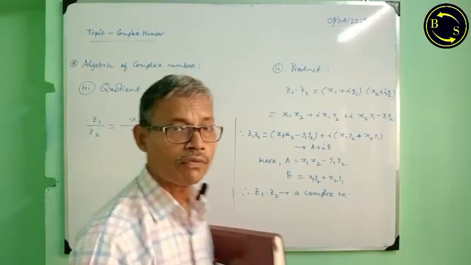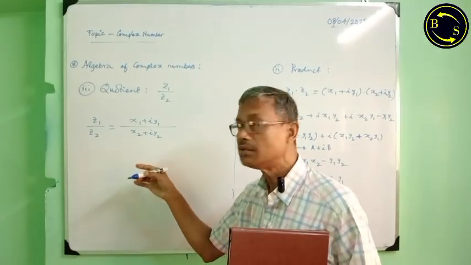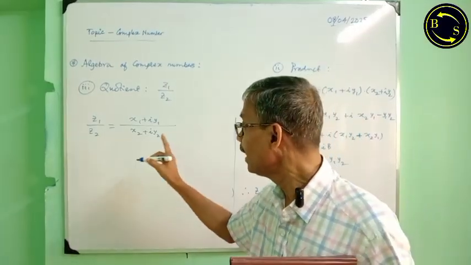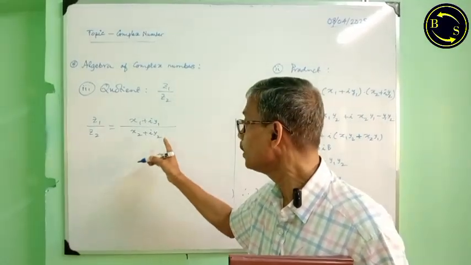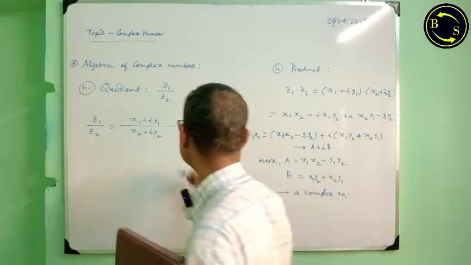First we convert the denominator into real by multiplying both numerator and denominator by x2 minus iy2, that is the conjugate of Z2.